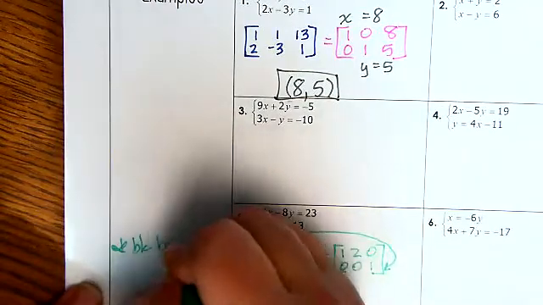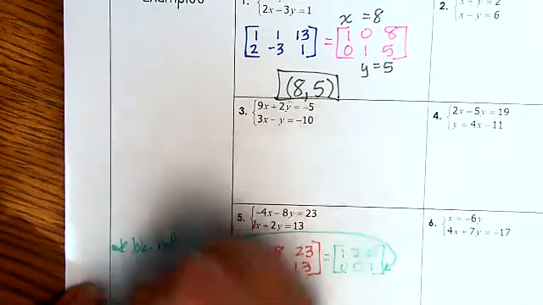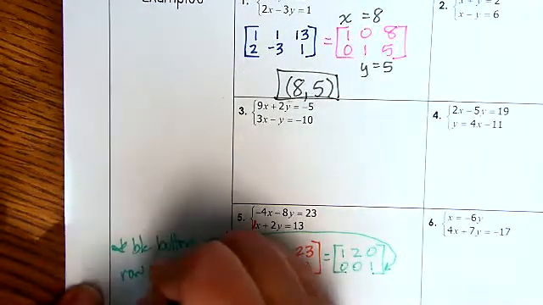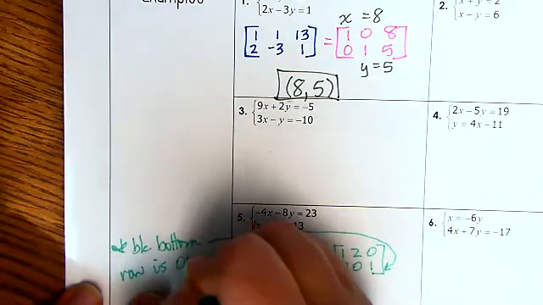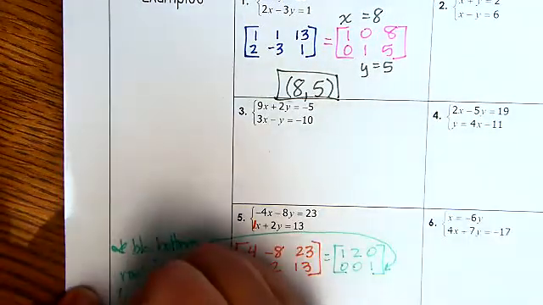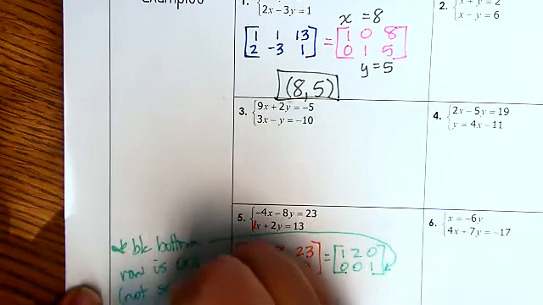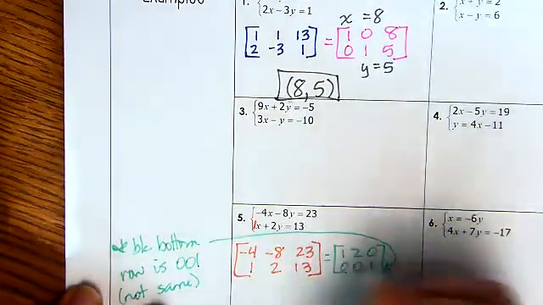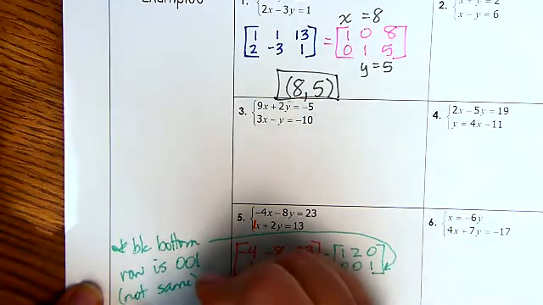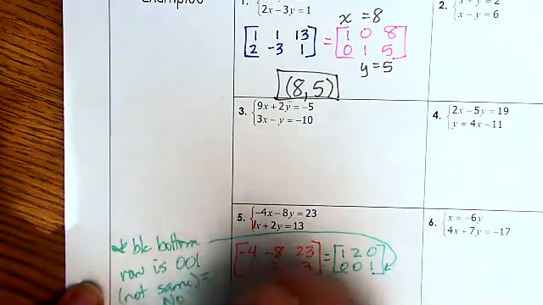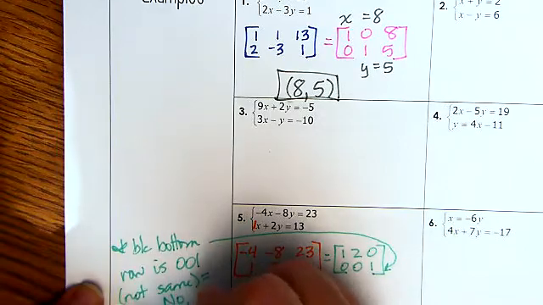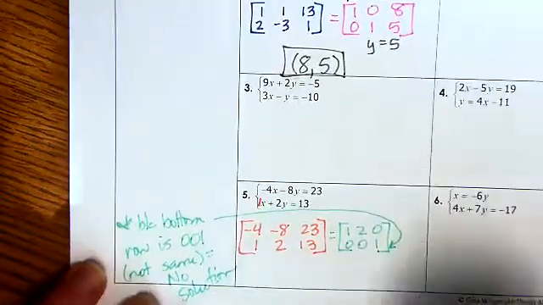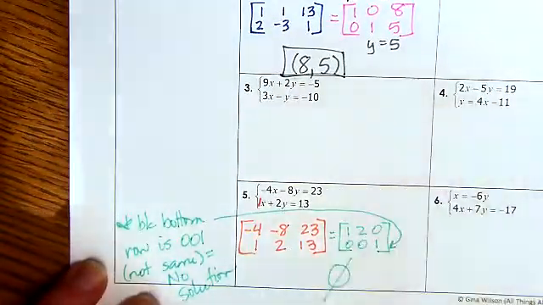Because the bottom row is 0, 0, 1, they're not the same. It equals no solution. So my answer here is no solution. All right.